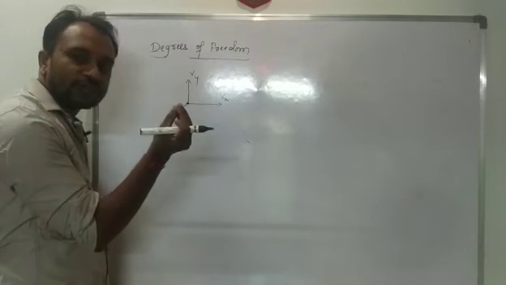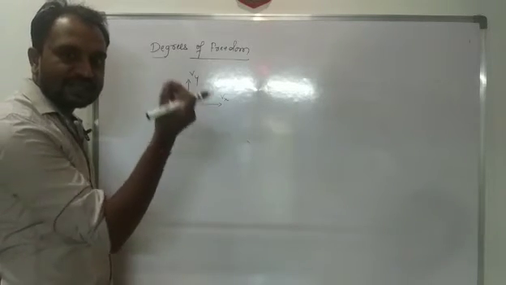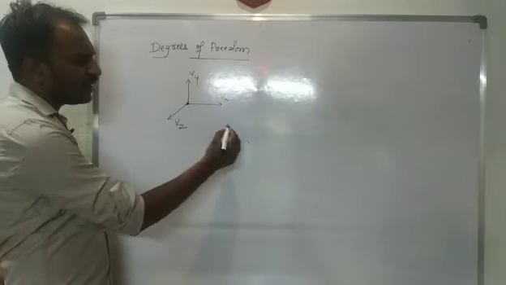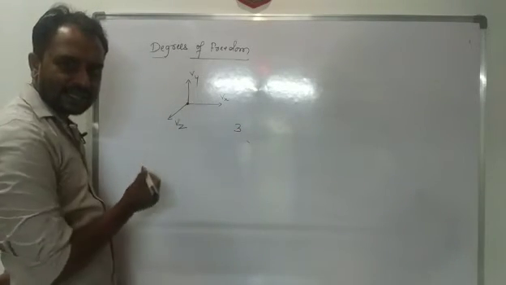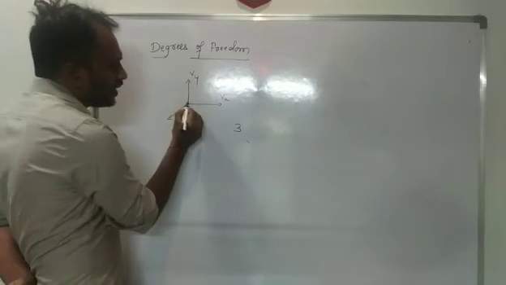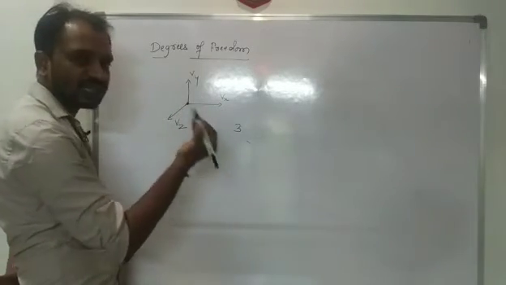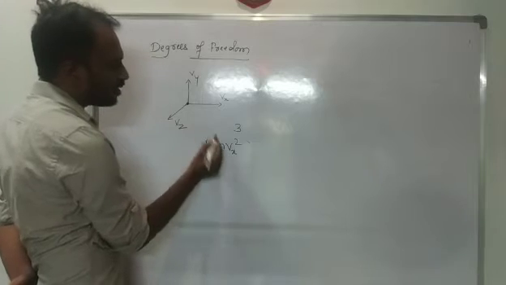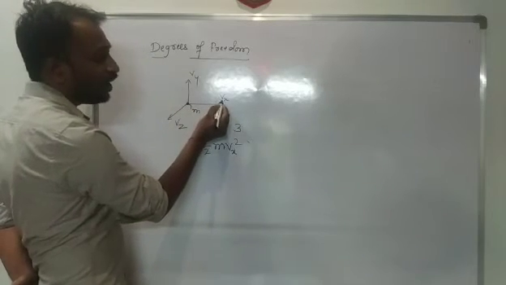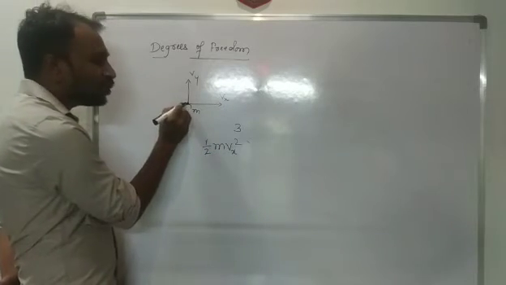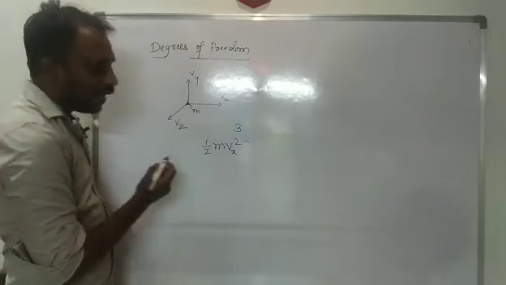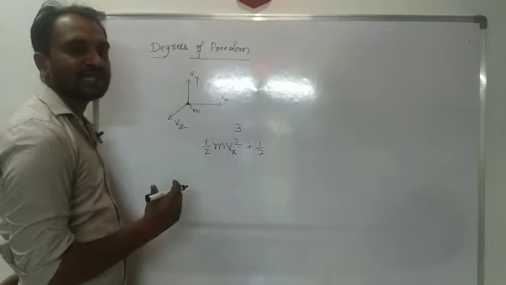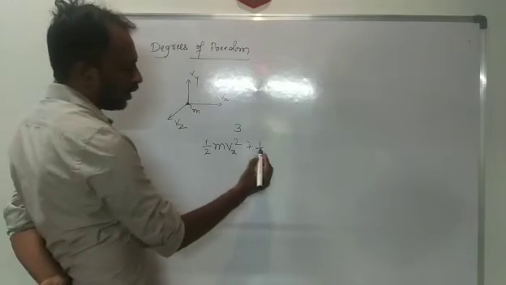These molecules have a total of 3 independent ways: x, y and z axes. The molecule gains kinetic energy along the x-axis, which is half m vx square, where m is the mass of the molecule and vx is the velocity along the x-axis. This is a translational kinetic energy.